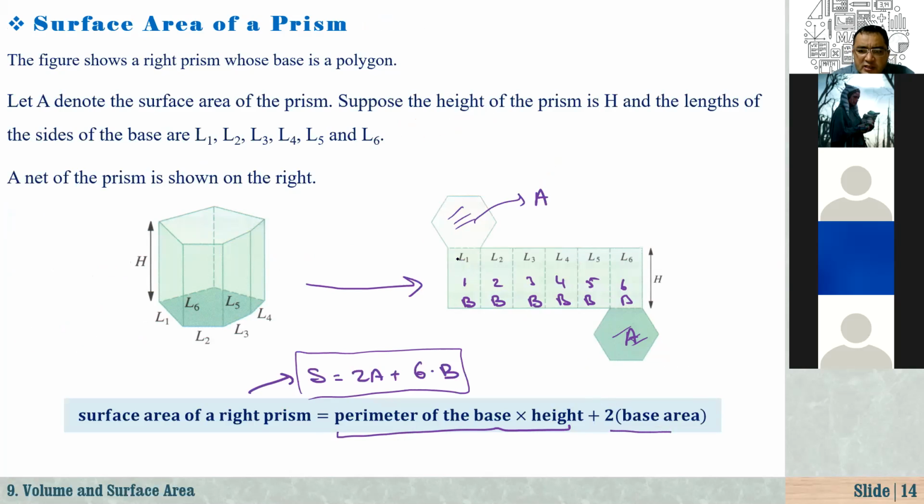Why perimeter? This is a big rectangle, so the length of the rectangle is length plus length plus length, and we need to multiply this by the height.